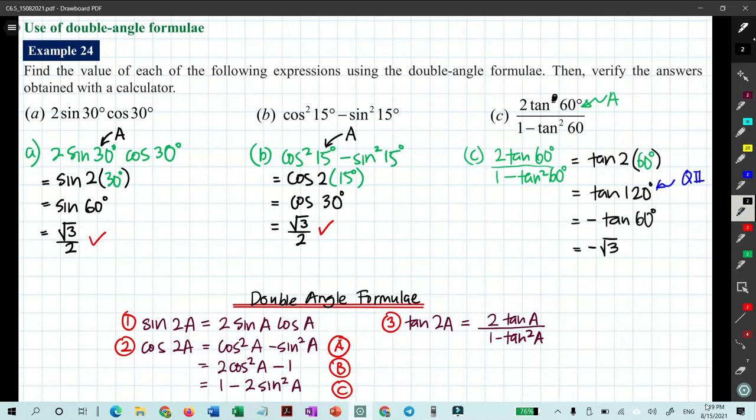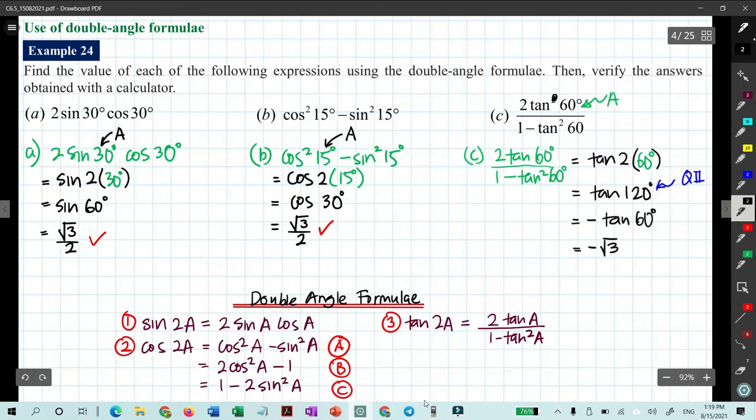Since the question asks you to find the answer without using a calculator, you must know the trigonometric ratios of the special angles, especially for 30, 45 and 60 degrees. And finally, let's verify the answers obtained with a calculator.